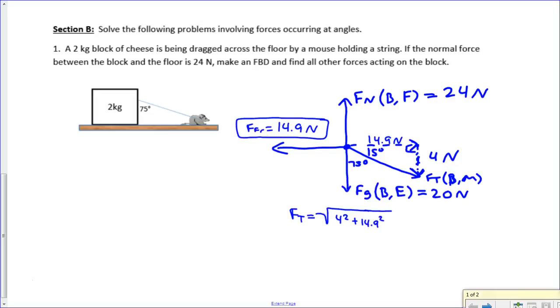It doesn't particularly matter. What you end up getting is that your tension force equals 15.5 newtons. That's just looking at the 2 components of the tension force and figuring out what the hypotenuse would be.